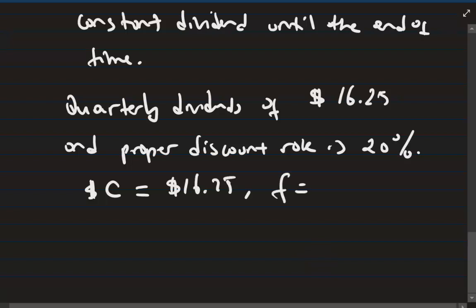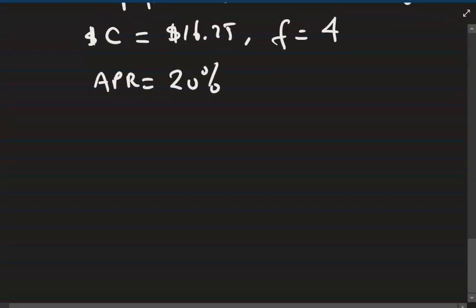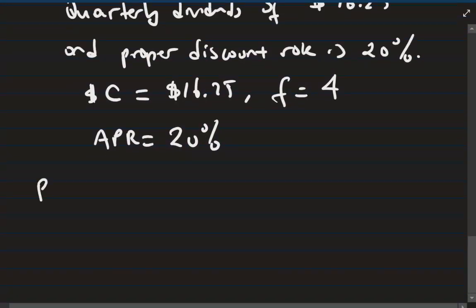That's our frequency, and our APR is 20%. Now we can calculate the value of this. Present value of, I should say PVP. I don't know why I said PRP.